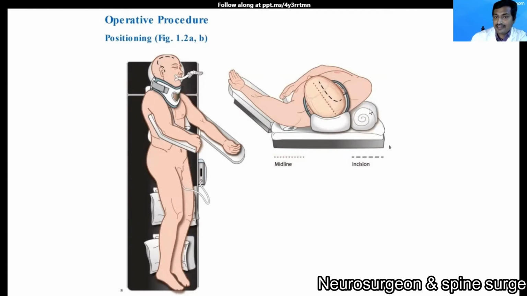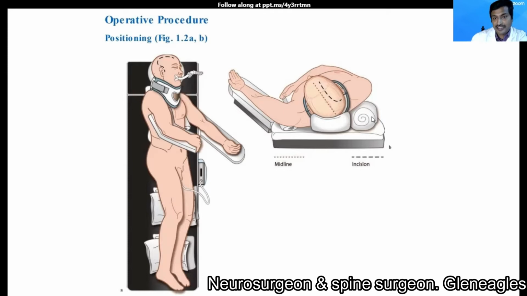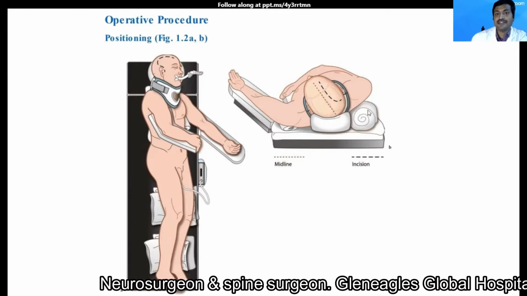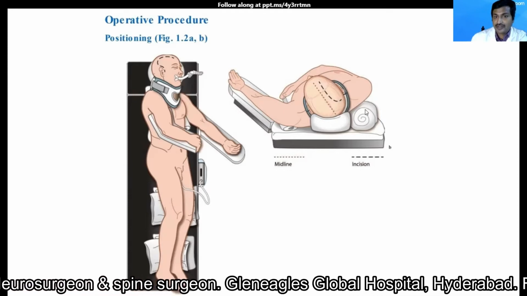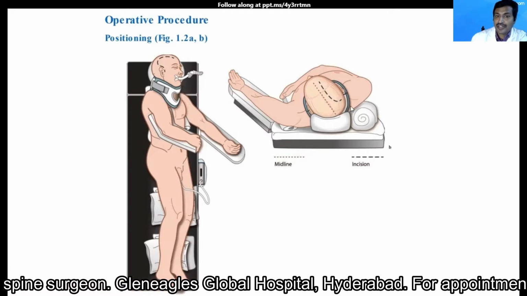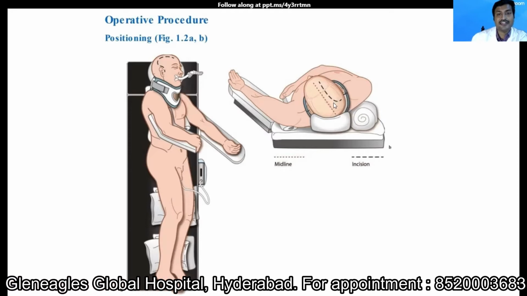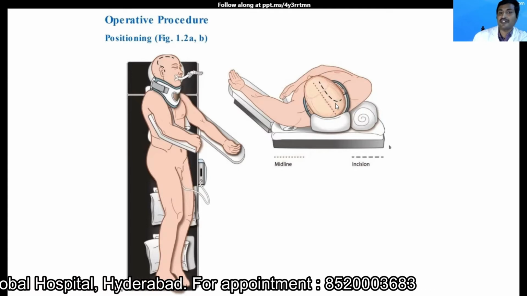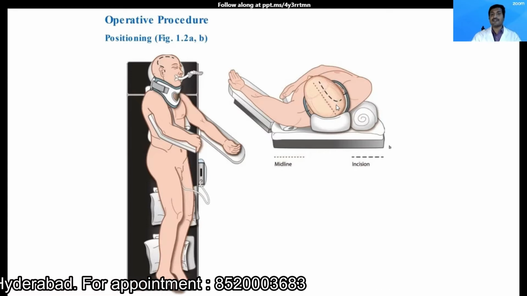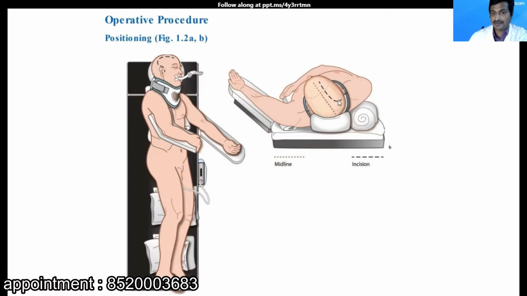I put a rolled towel under the ipsilateral shoulder so that I will be able to rotate the head to the opposite side at least by 45 to 50 degrees. This prevents twist on the neck.